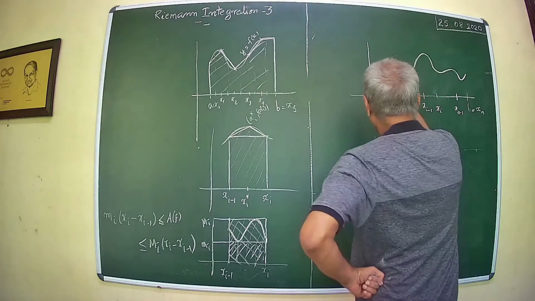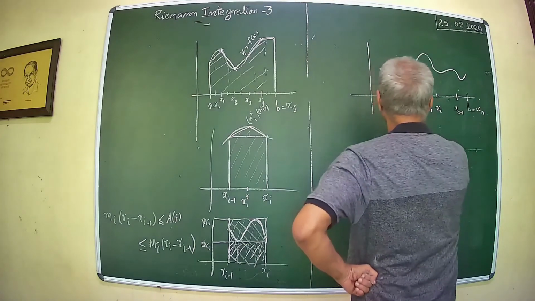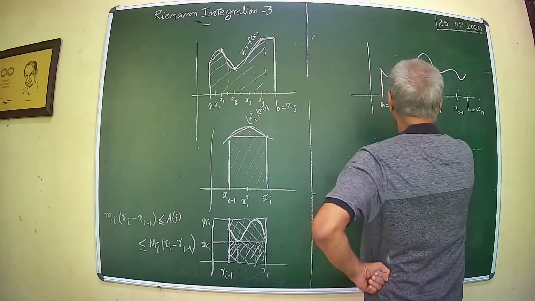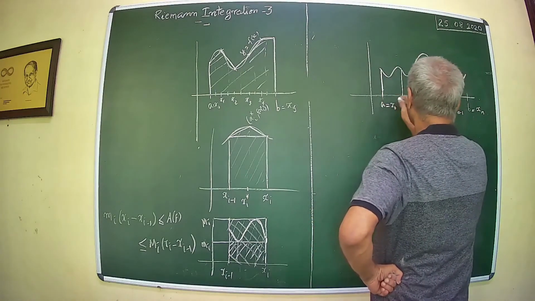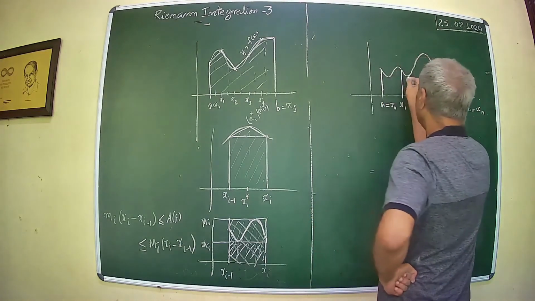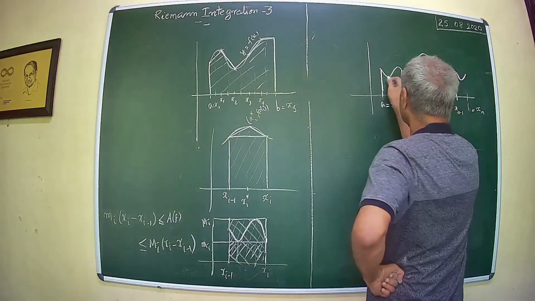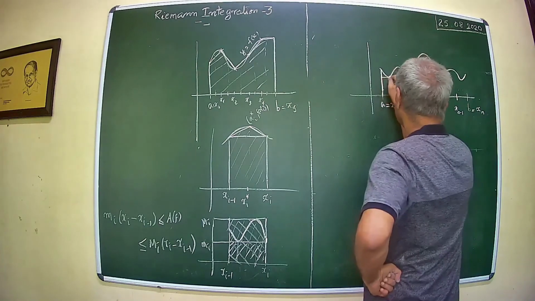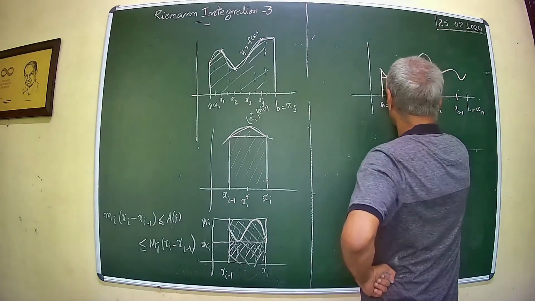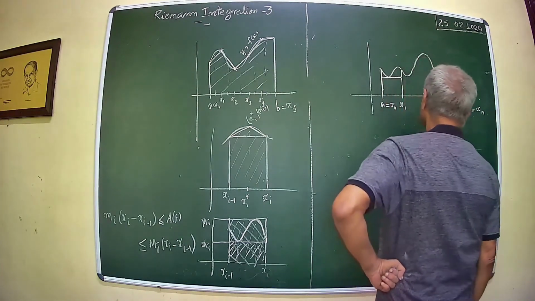So what I do is the following. Between x0 and x1, I take the minimum value of f on that interval, and the notation I am given is m1. So I approximate by this line segment.